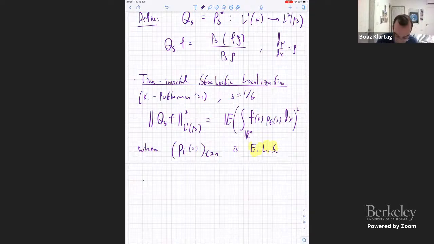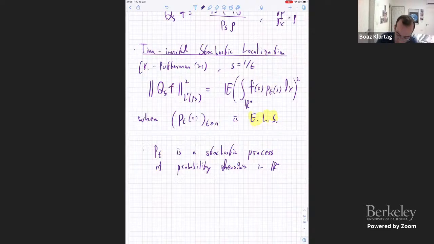PT is a stochastic process of probability distributions in Rn. It's a point of view for analyzing the heat equation of probability measures in Rn, the densities maybe in Rn. So how does it work? Let me write a stochastic differential equation, because many people know this even in the discrete world.